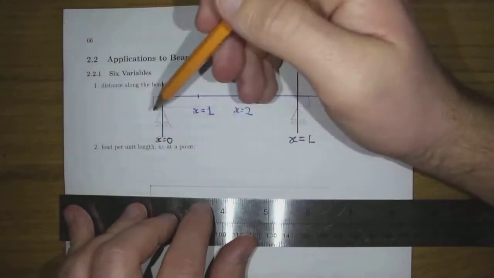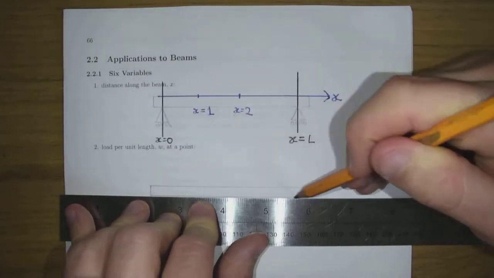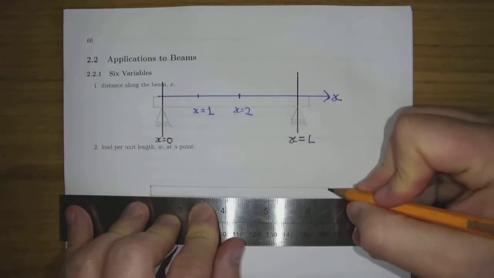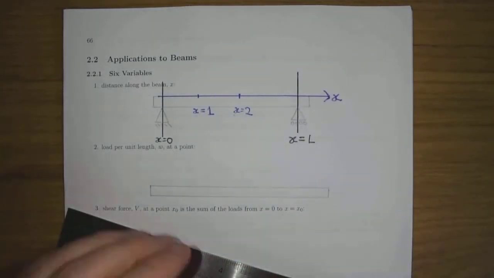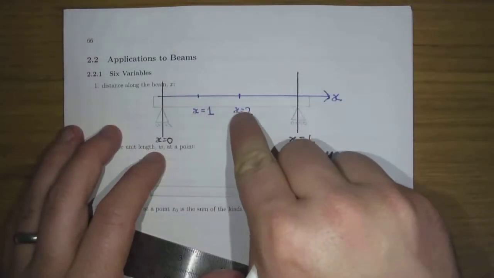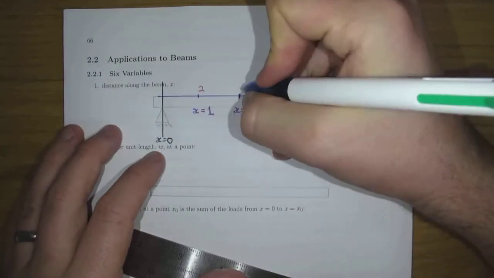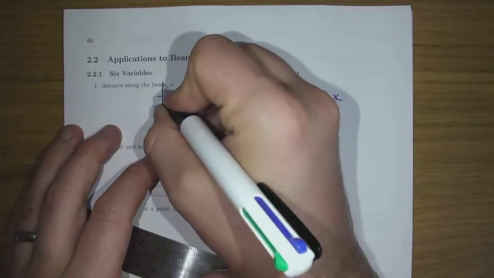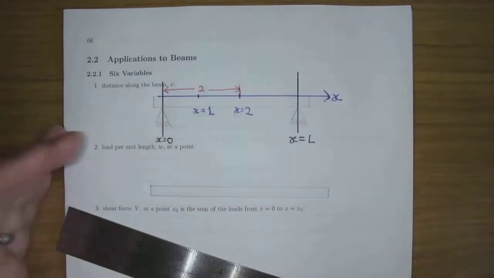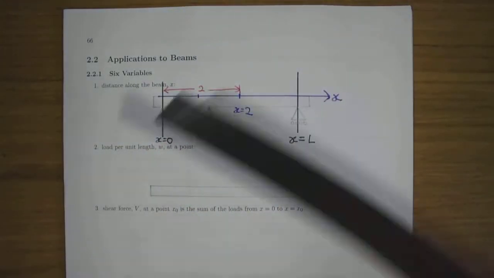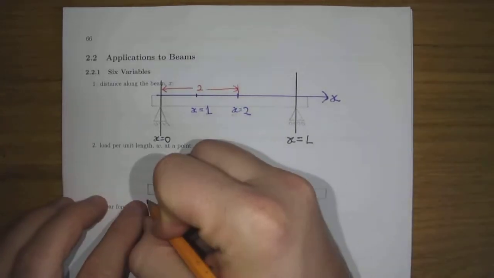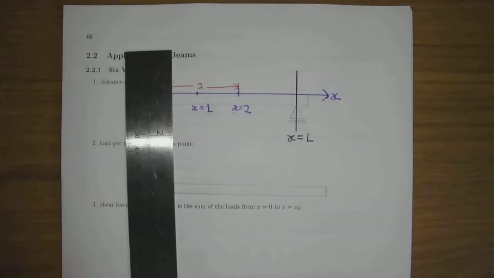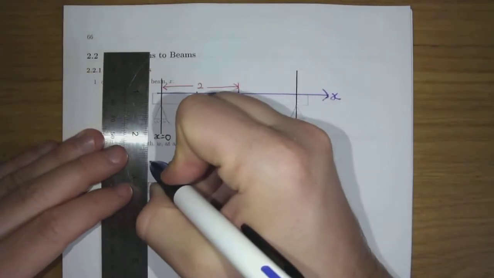And when it says the load at a point, all the points along the beam are given in terms of x, the distance from x equal to 0. So just to make this a bit clearer, if you're talking about this distance here, it would be 2 meters, not 3. Okay. So now I'll just assume that the support is on the end. So x is equal to 0 here.